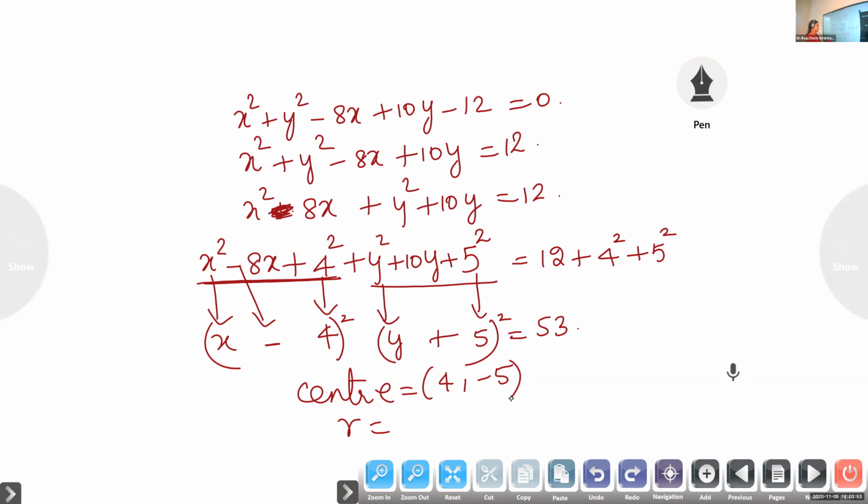Radius is 53 means we can write this as root 53 whole square. So it is root 53. Radius is root 53. Is it okay?